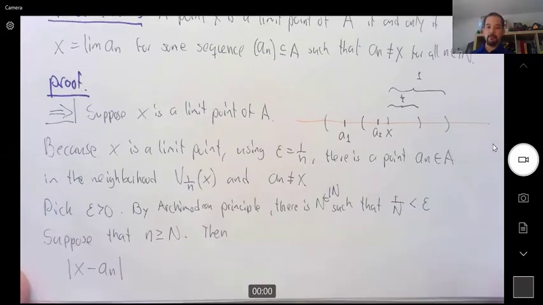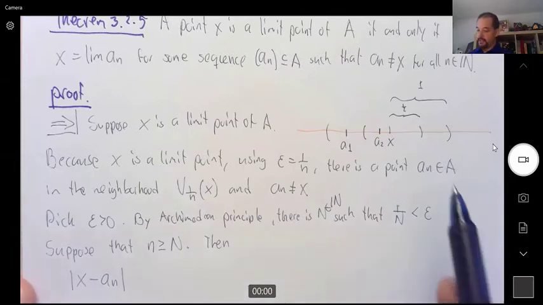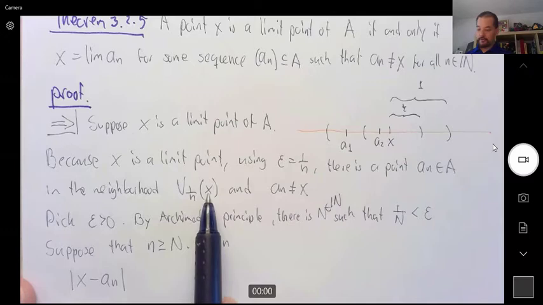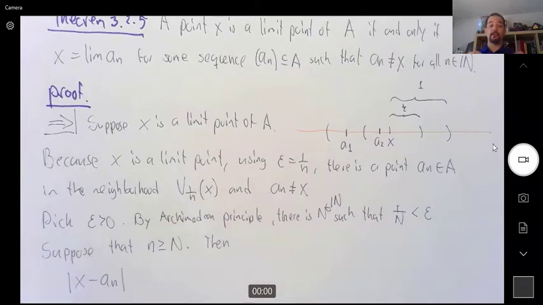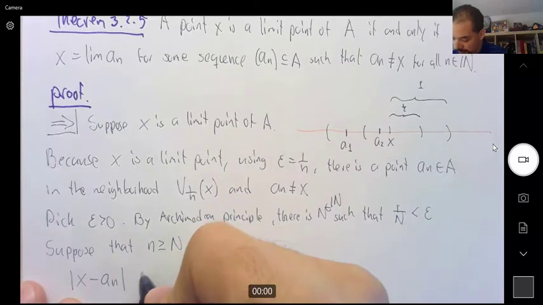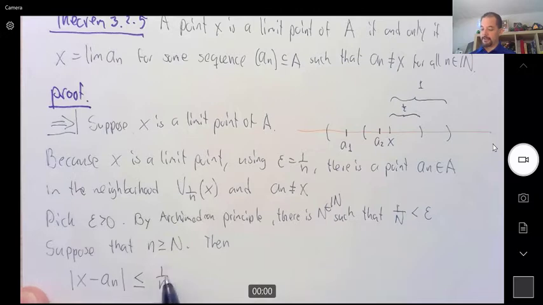Well, let's remember what the definition of a_n was. a_n was a point that belonged to this neighborhood, right? So that means that the distance from x to a_n is, in the worst case scenario, the radius of the neighborhood, right? So this is for sure less than or equal to 1 over n, because that's how big this neighborhood is, and a_n belongs to the neighborhood.